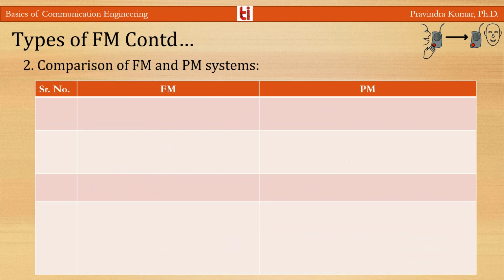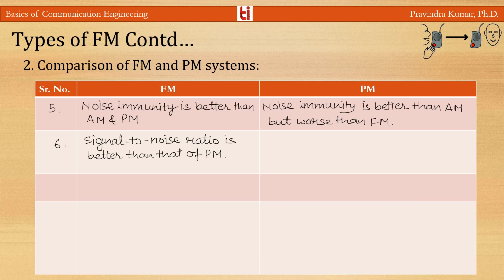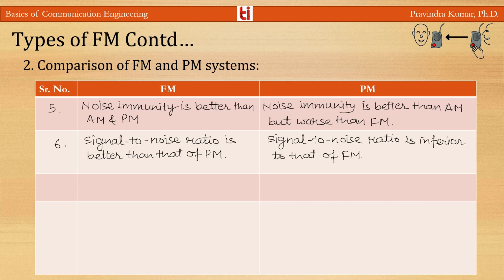In FM, noise immunity is better than AM and PM, and in PM noise immunity is better than AM but worse than FM. In FM, signal to noise ratio is better than that of PM, and in PM the signal to noise ratio is inferior to that of FM. FM is widely used, and PM is used in some mobile systems.